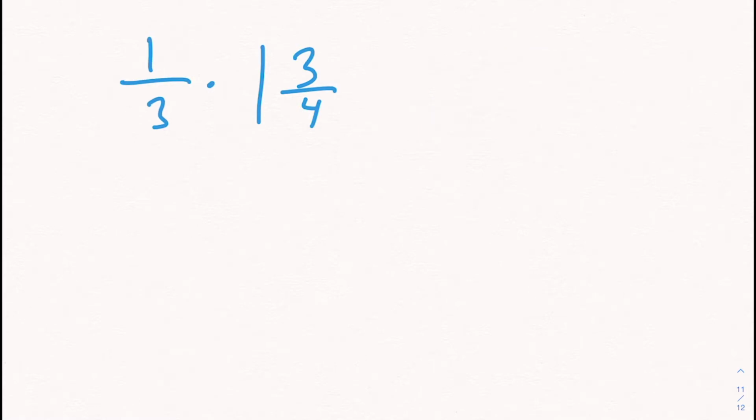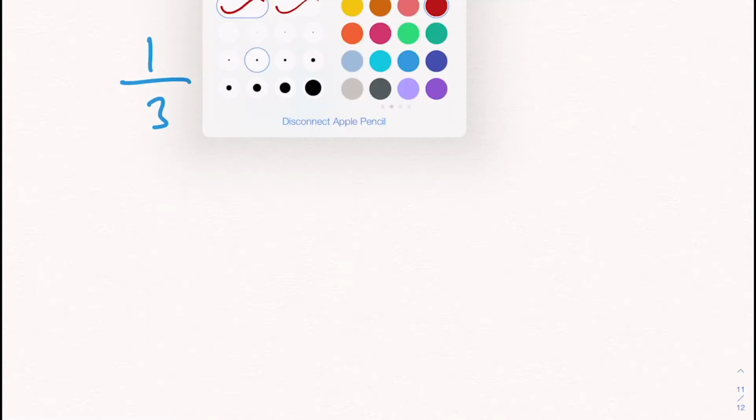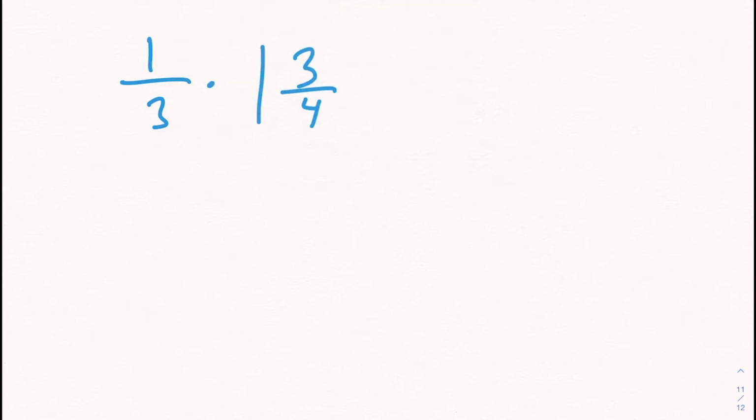You cannot multiply mixed numbers unless you convert them into an improper fraction or a common fraction. I like calling them common fractions because it's not like it's improper to have it that way. 1 and 3/4 is preferred by some people, but to change this into a common fraction, if you remember, it's 4 times 1 is 4, and then plus 3 is 7.